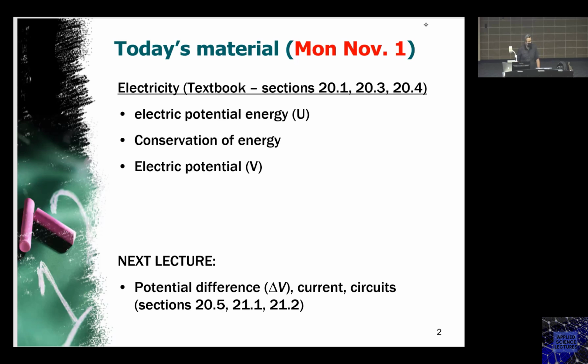So when it comes to electrical potential energy, it's not going to be that much different from what you have seen in gravitational potential energy. We are interested in the energy change. We are not interested in the absolute values of those electric potential energy. However, we're interested in the change in the energy.